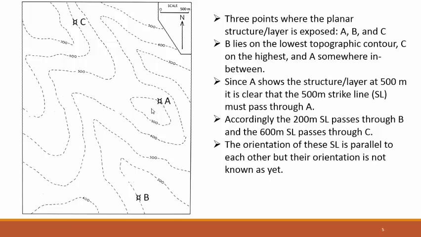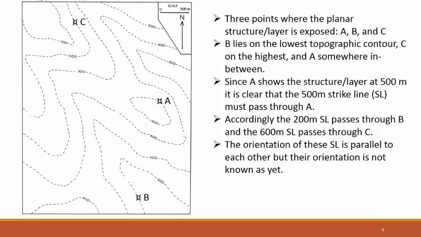Since these outcrops are lying on specific altitudes, we also know that the respective strike lines must run through these points. So the 200-meter strike line of our surface must run through point B, the 500 through point A, and the 600-meter strike line through point C. The orientation of these strike lines so far is entirely unknown.